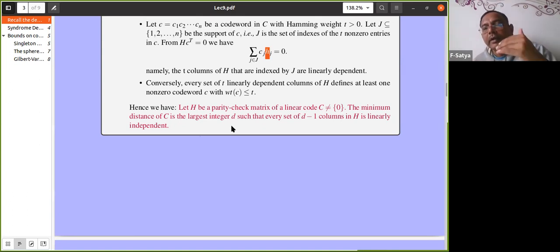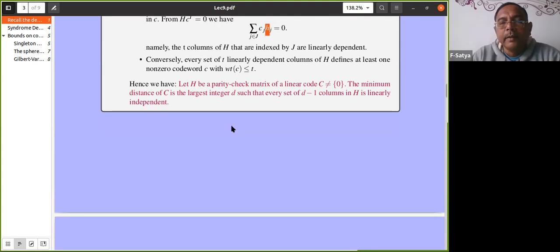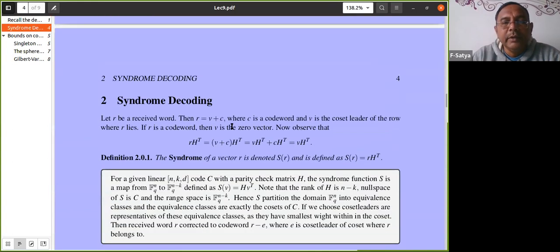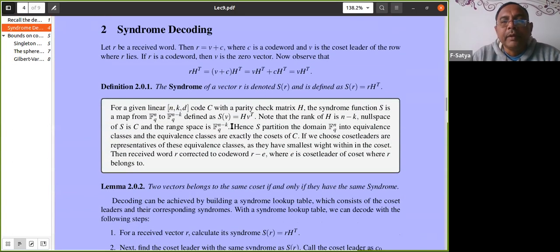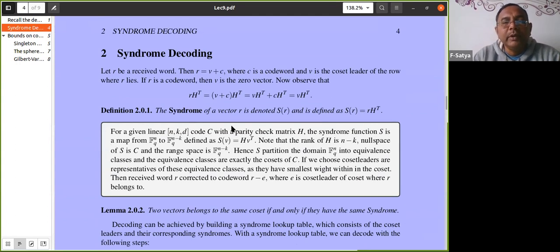That is why I wrote that the distance is greater than 2. But there are three columns which are linearly dependent, so the distance is less than or equal to 3, and it is exactly equal to 3. This we'll use today. These are all previous things, whatever was discussed till now. Now today I'm going to discuss a new concept called syndrome decoding.